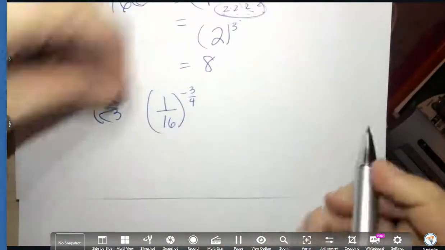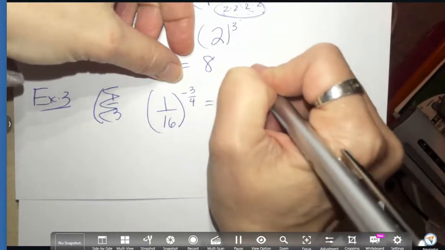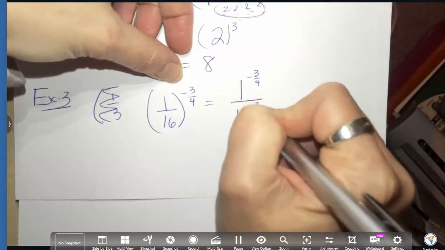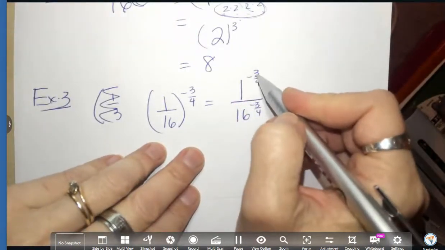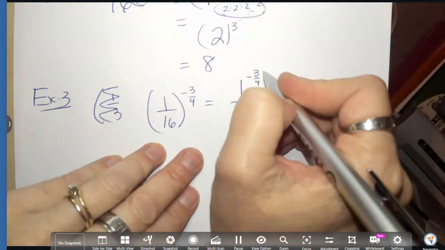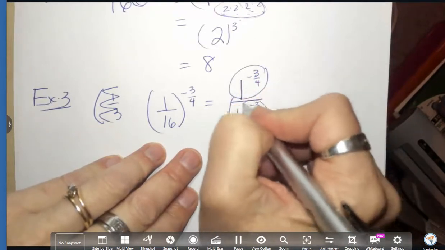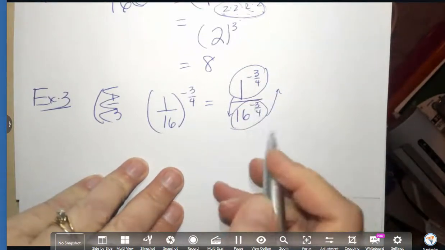Remember, when I'm raising to a power like that, I can rewrite it as 1 to the negative 3/4 and 16 to the negative 3/4. The negative talks about where its position is. So if we're on the top bunk, and it's a negative exponent, that needs to go down to the bottom bunk. And this negative exponent is going to come up to the top because they both have negative exponents.